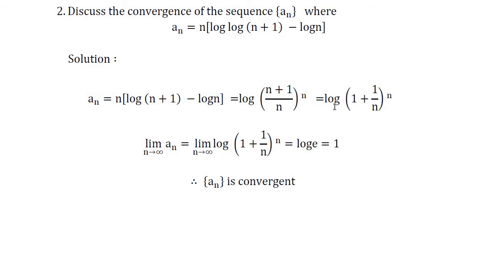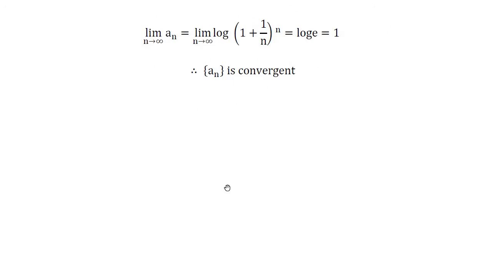Again that can be written as log of (1 plus 1 by n) whole power n, as we divide the denominator n to each term of numerator. Apply the limit, we get limit of an as n tends to infinity is equal to limit of log of (1 plus 1 by n) whole power n as n tends to infinity. Here (1 plus 1 by n) whole power n as n tends to infinity is a standard limit whose value is e. So we get log e, that is equal to 1. Hence the sequence an is convergent.